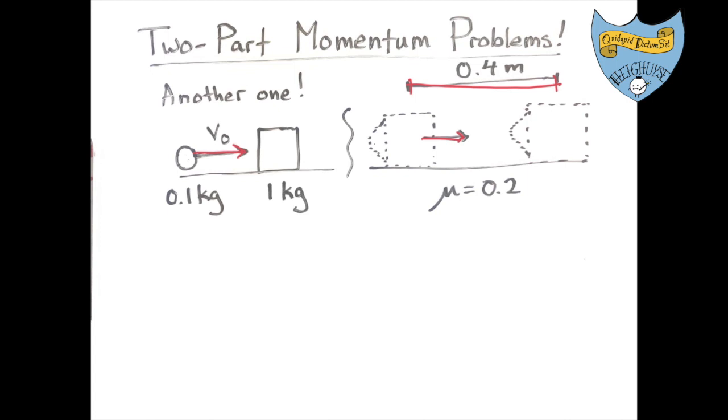So take a minute, copy down the example, and all the details you have are up here. But that's the basic scenario. We fire something, it hits a thing, it slides backward and comes to rest, and it's going to be the exact same procedure, really, except that we aren't using gravitational potential energy. We've got to use some other concept to figure out how fast the system must have been moving after that collision.